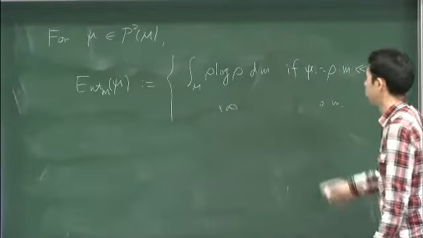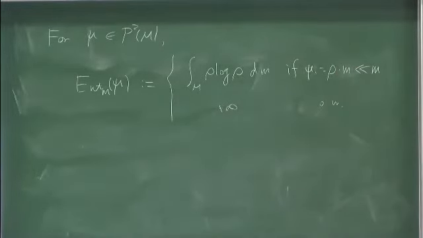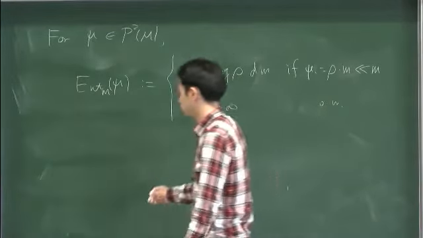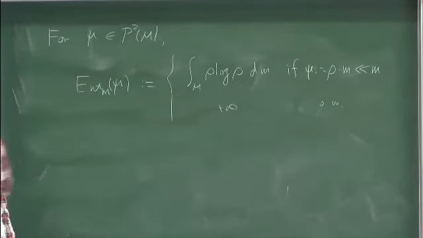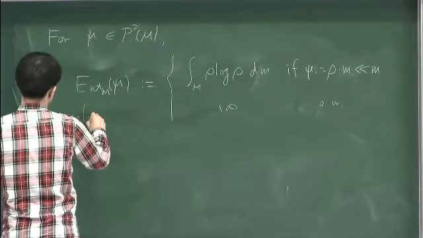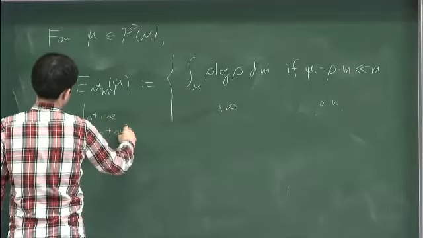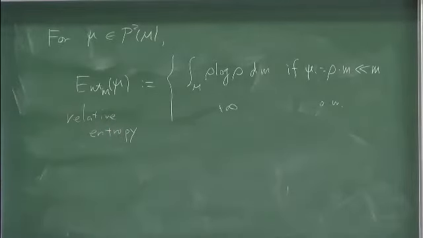So if mu has some singular part, it's infinity. Okay, so this is the relative entropy. And I remark that this is minus the usual Boltzmann entropy.